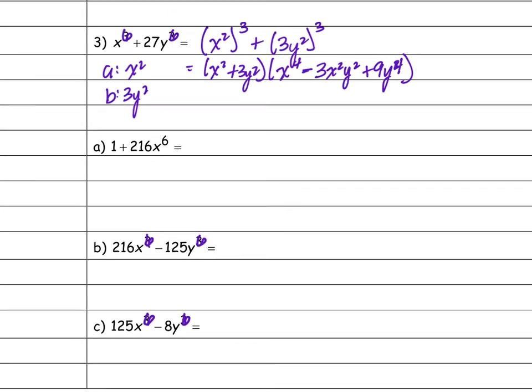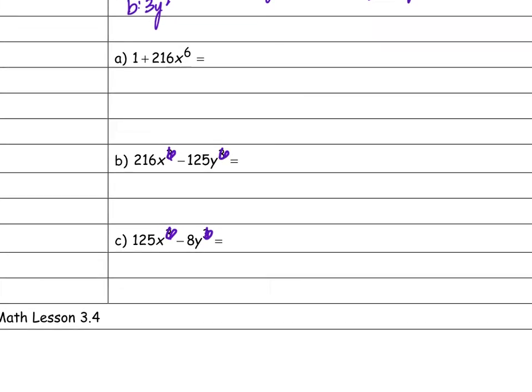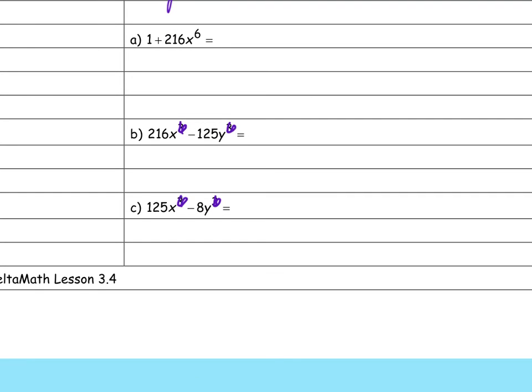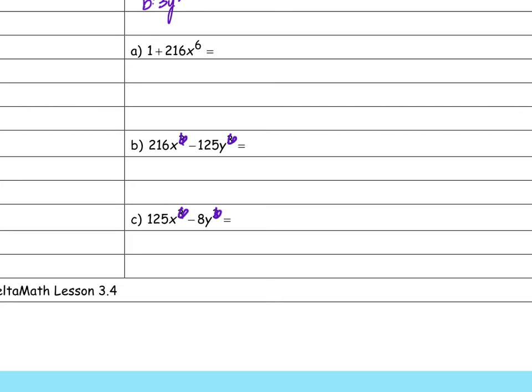Okay, now it's your guys' turn. I know about how long you guys need to do this now, so I'll give you a little bit more time. If I rewrite this one, this would be 1 cubed plus 6x squared cubed. So A is 1 and B is 6x squared. So this is a plus, right?